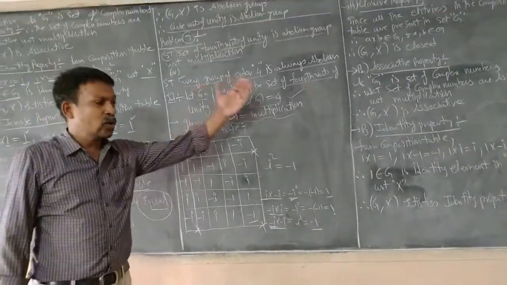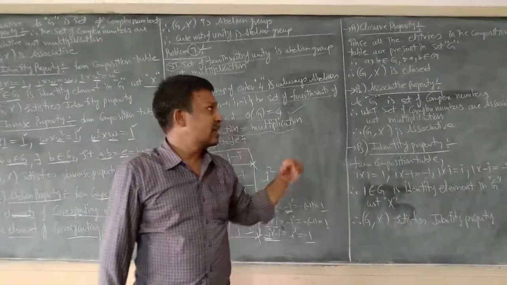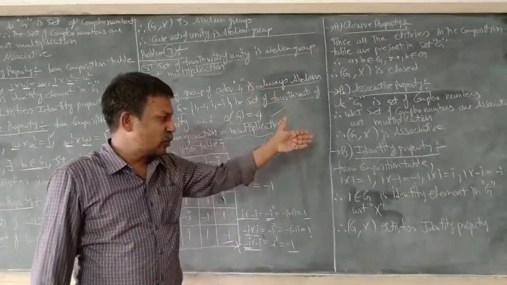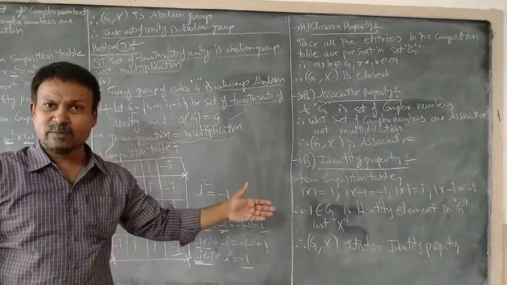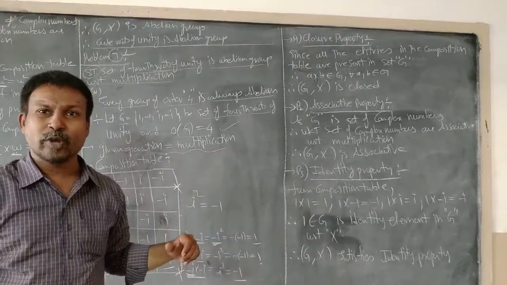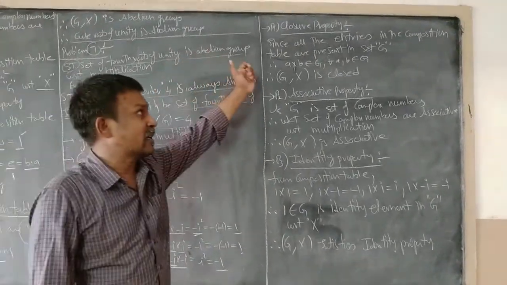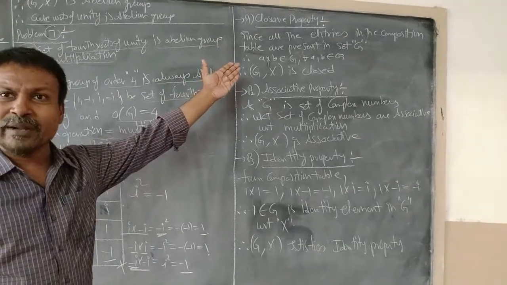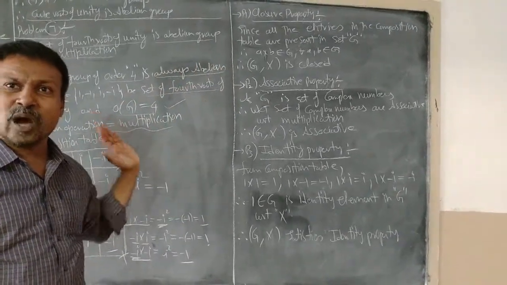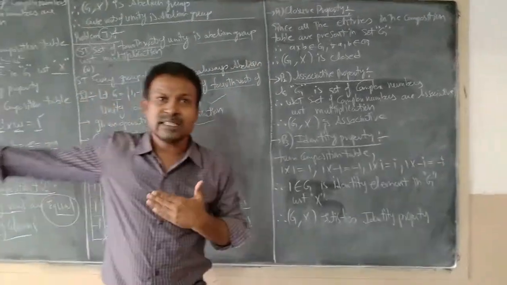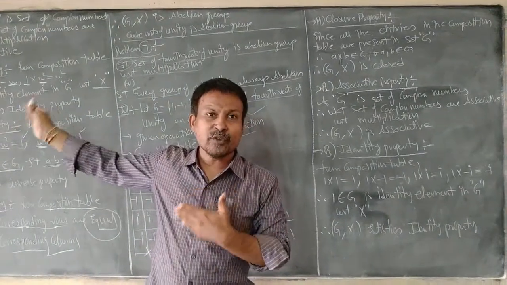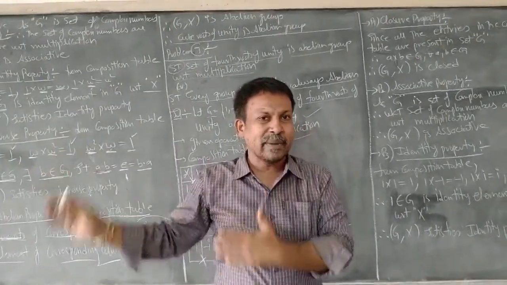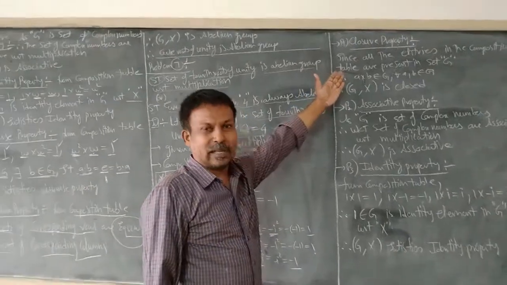Now let us go to the properties part, that is closure property, associative property, identity property, inverse property, and the commutative property. See the closure property. We prove this closure property by seeing the entries of the composition table. As we wrote the statement while proving the cube roots of unity, the same statement can be written in this closure property also.